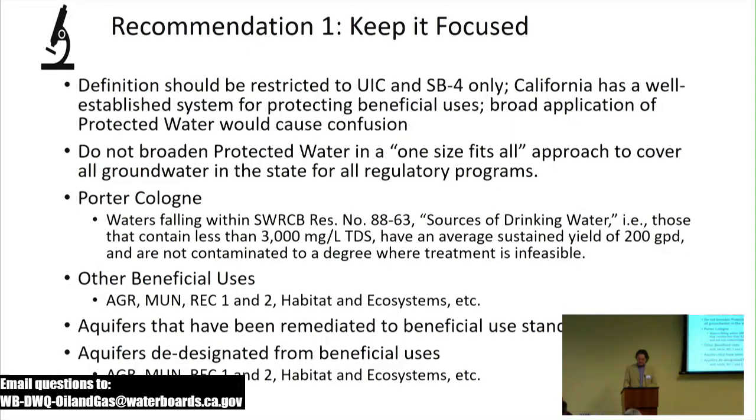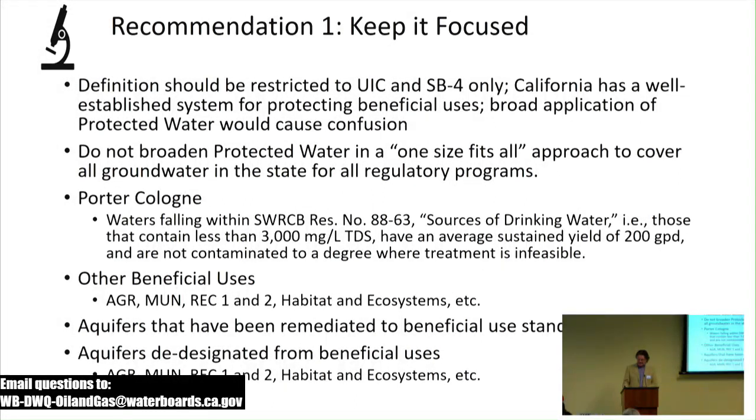In California, we've got a very well-established program for determining the beneficial use criteria of groundwater with different water quality objectives for those beneficial uses. Porter-Cologne and sources of drinking water I've referred to earlier, but a lot of decisions, precedents, de-designation processes, environmental cleanups, et cetera, have relied upon this 3,000 parts per million TDS and the other beneficial use water quality objectives.